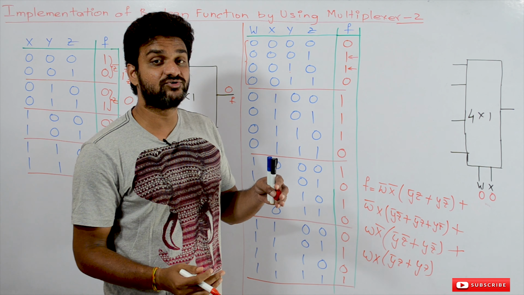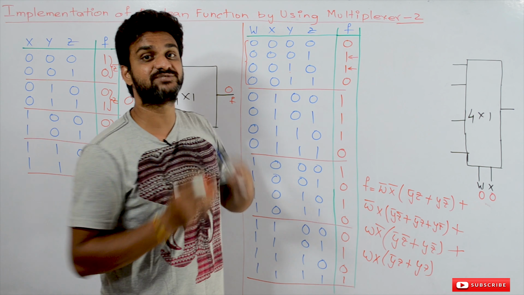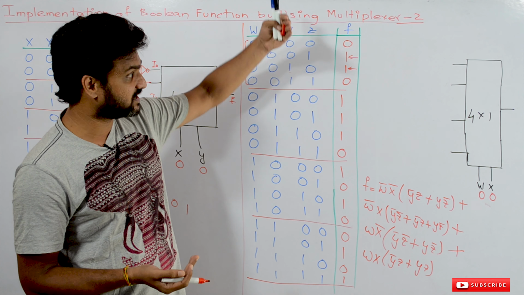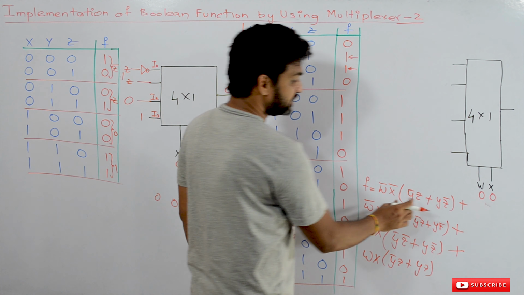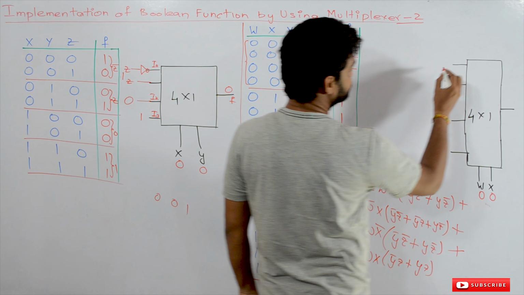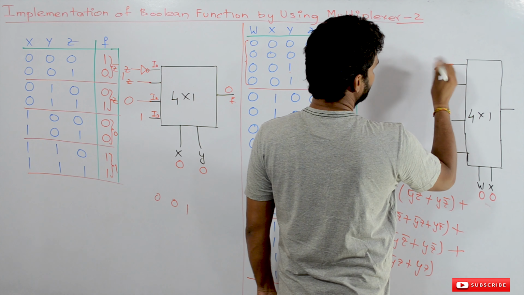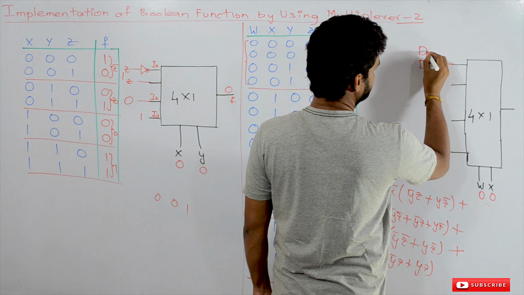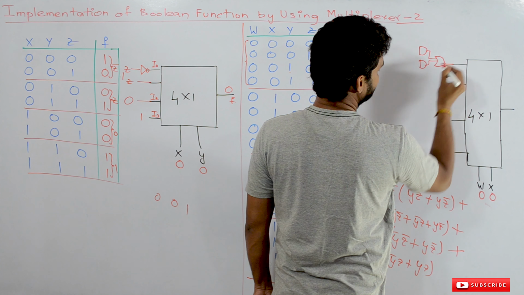In order to implement the functions with a smaller size multiplexer, we have to use an extra level of AND and OR gates. So a combination of AND and OR gates has to be used. It is just an AND OR implementation. Okay, this is how the things will get implemented.